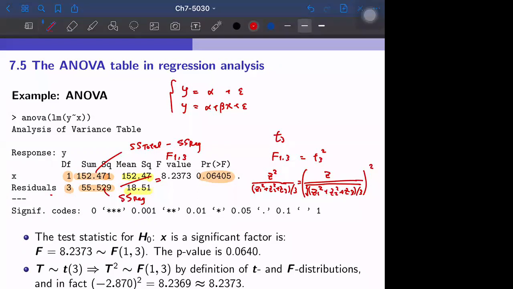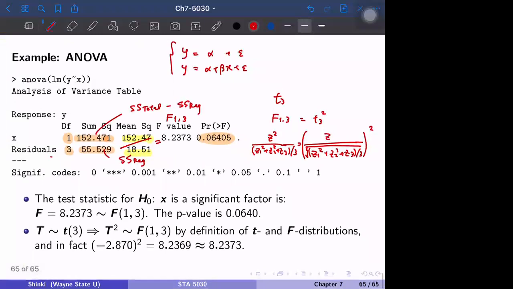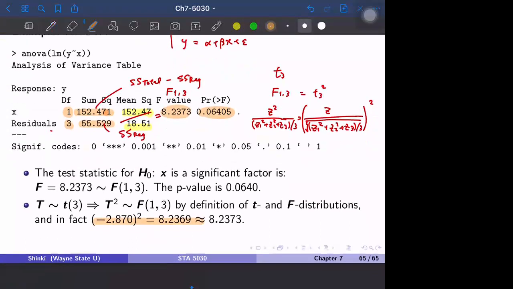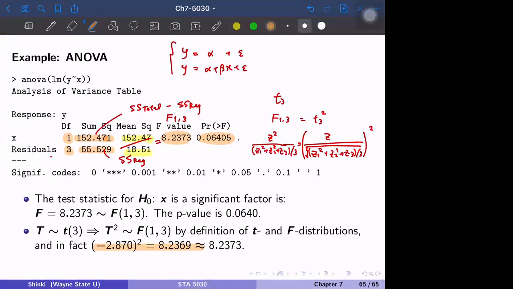So the F distribution is the squared t distribution, and we get exactly the same result. This F value is the square of the t value on the previous page. This is how the ANOVA table works for linear regression. ANOVA is basically a special case of linear regression.